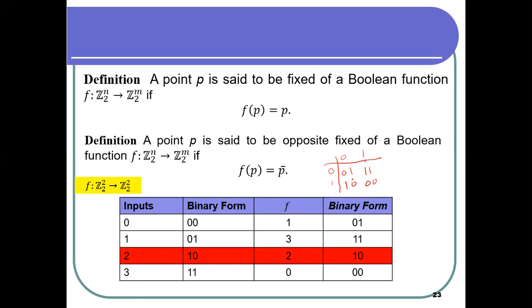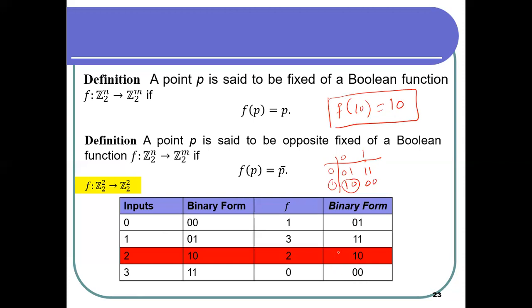If you look over here, if you take 1 0, it will give you again 1 0. So this will be a fixed point. So 2 is fixed under f in this function f. So 2 is the fixed point of this multi-valued Boolean function that takes two inputs and maps on two outputs.